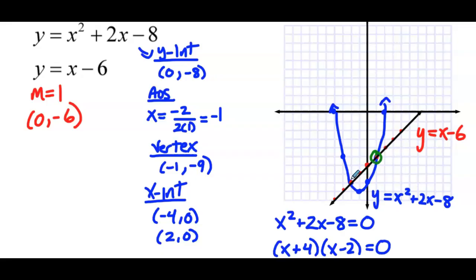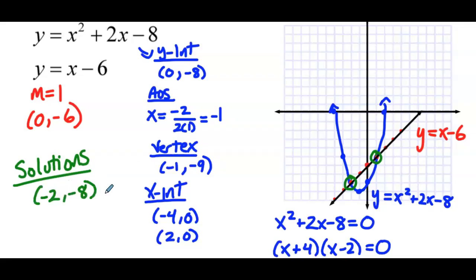They intersect at 2 points. So our solutions: one point of intersection is negative 2, negative 8. And the other point of intersection is at 1, negative 5.